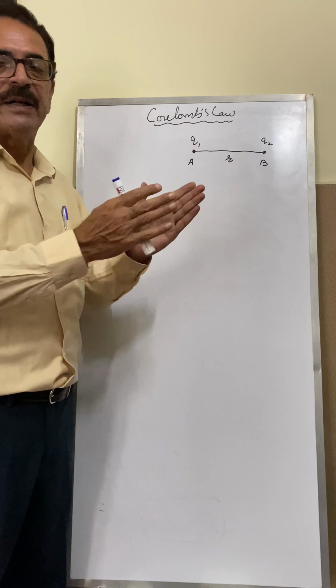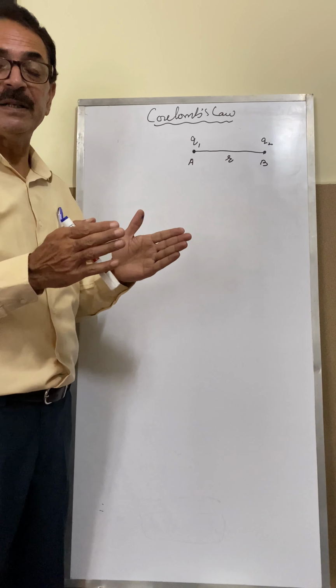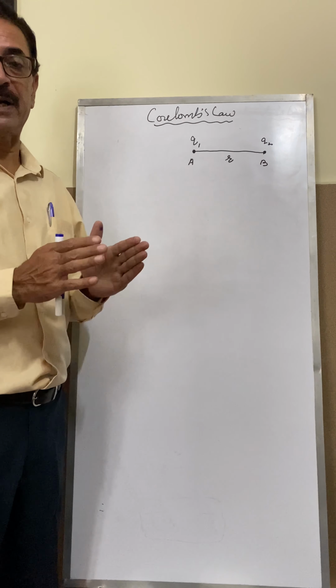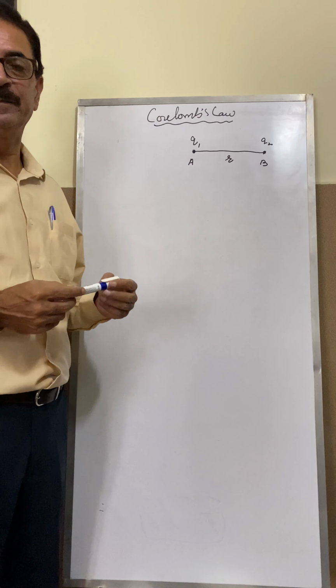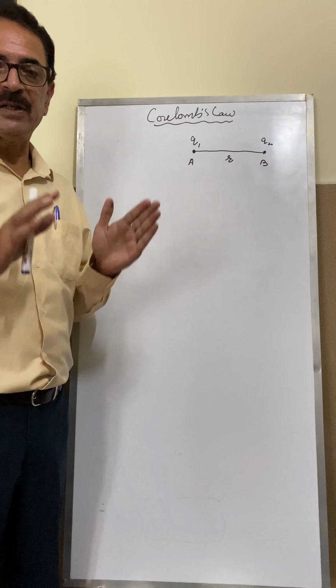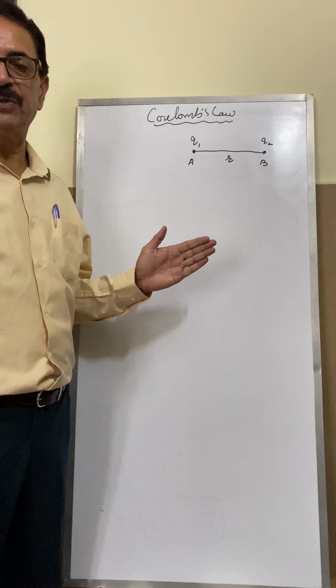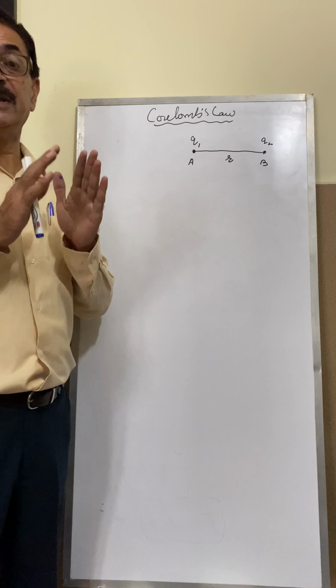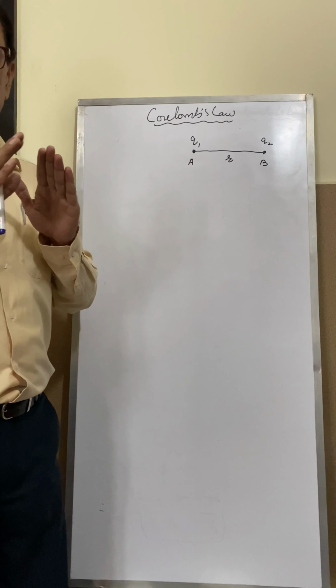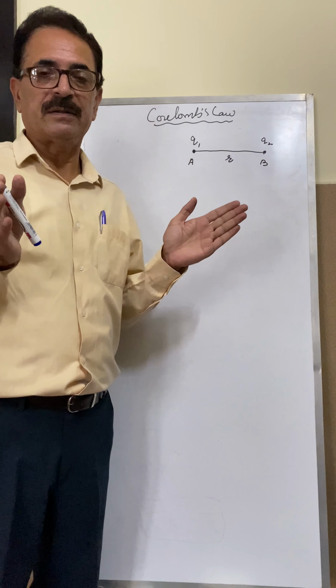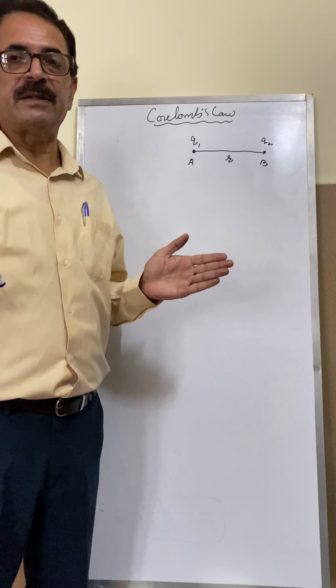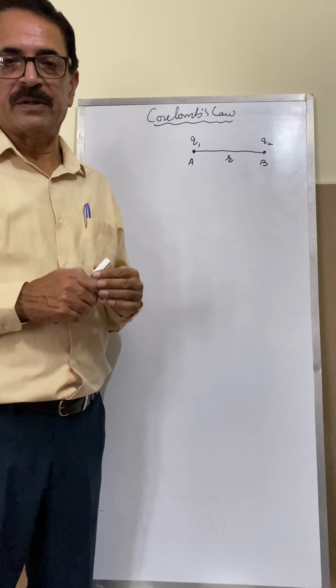These two charges interact. Interact means they can either attract or repel. If the two charges are like charges, then they will repel each other. If they are opposite, that means unlike charges, they attract each other.